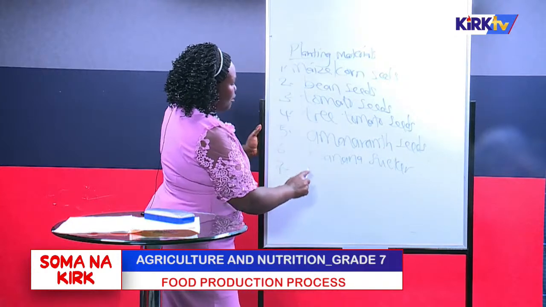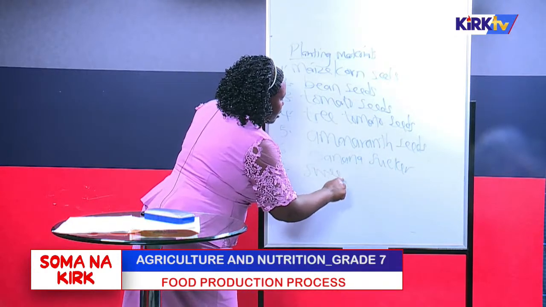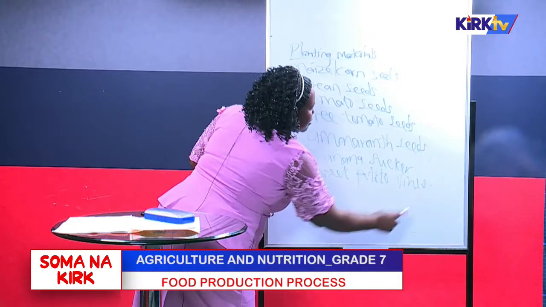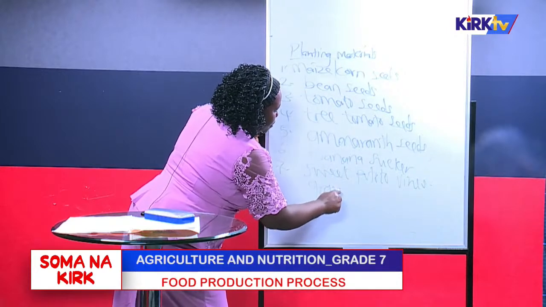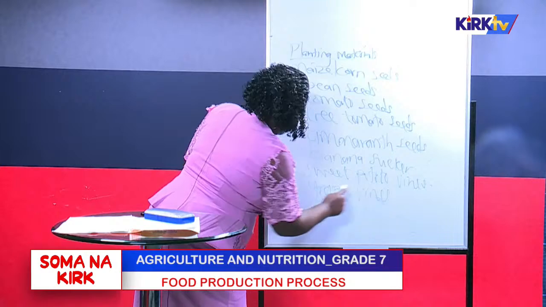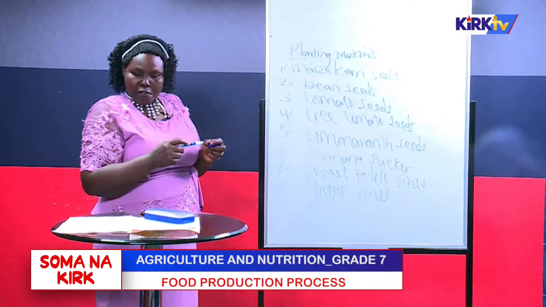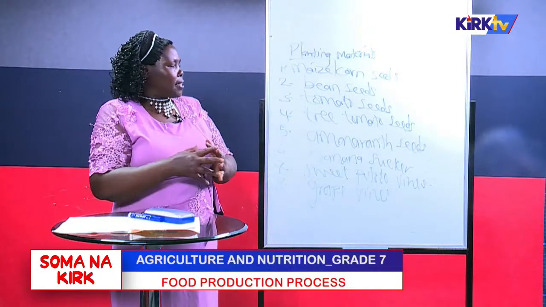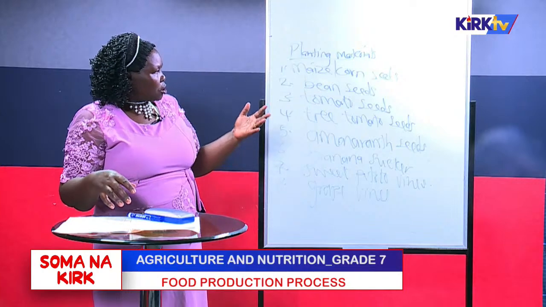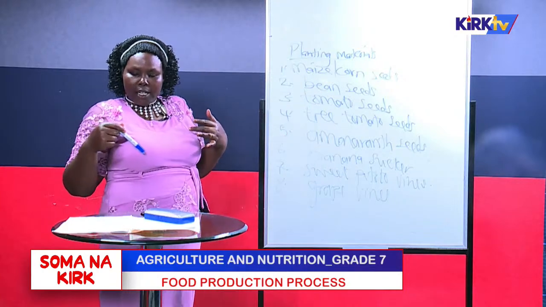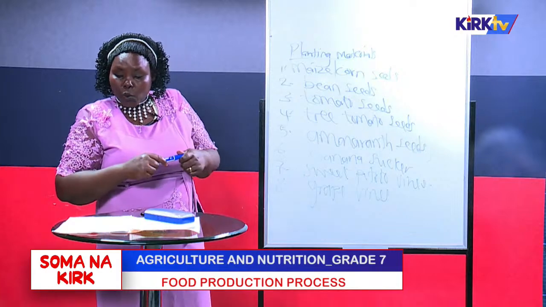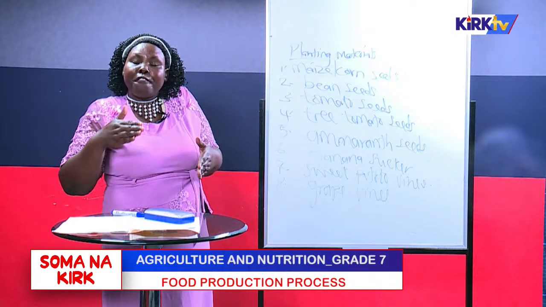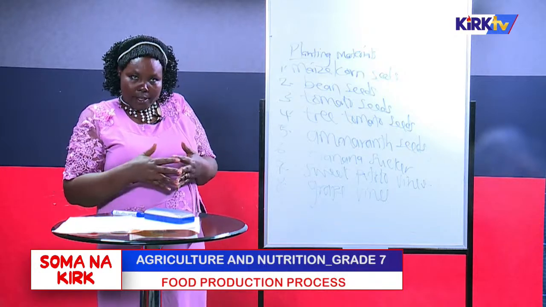I would even have sweet potato vines, and even the grape vines. Now, these being a few but enough examples to use for our exercise, I would want us to try to get the logic that I'm trying to teach here today: when you are preparing the tilth, the smaller the planting material, the finer the tilth required.